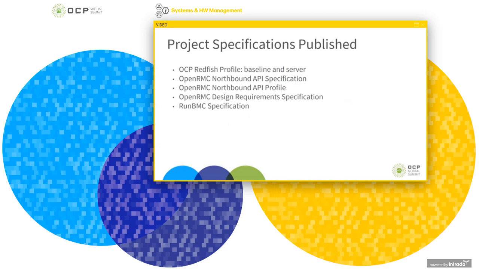We also have a design requirement specification from OpenRMC that is published. And recently we published the Run BMC specification. What this does is provide a hardware level specification for a standard reference platform for BMC implementation, as well as standardizing the interfaces between the BMC and other components within the system for manageability.